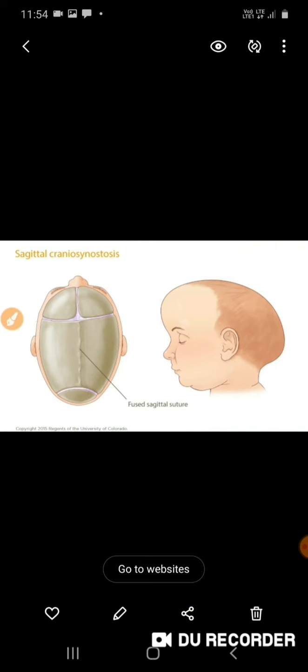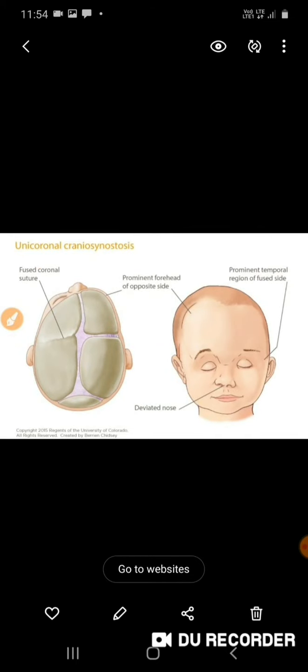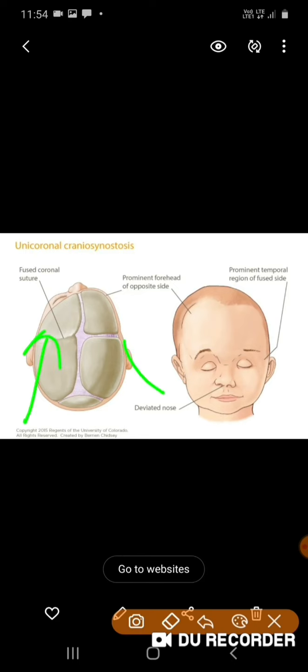And apart from this type of craniosynostosis, we can also study unicoronal craniosynostosis. We know the coronal suture is present on both sides, and if one side ossifies, basically coronal suture ossifies at the age of 24 or 30 years, and if it ossifies before that, the shape of the head is changed due to the underlying developing brain growth.